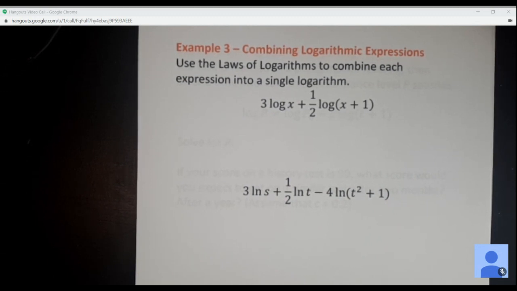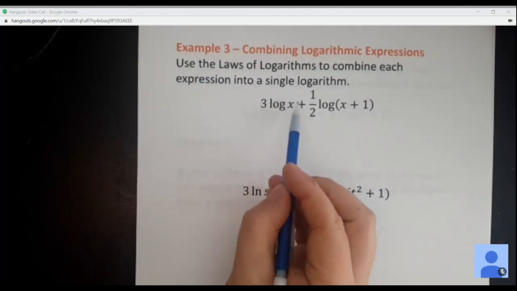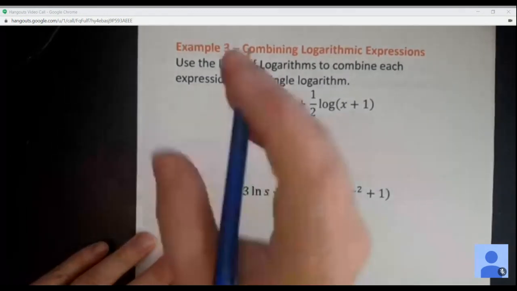All right, so looking at that first one, what's the first thing we're probably going to want to do if we're trying to get all this together as a single logarithm? Good. So let's take this 3 that's out front here. Let's move it up into the exponent. So that's going to be our first step.